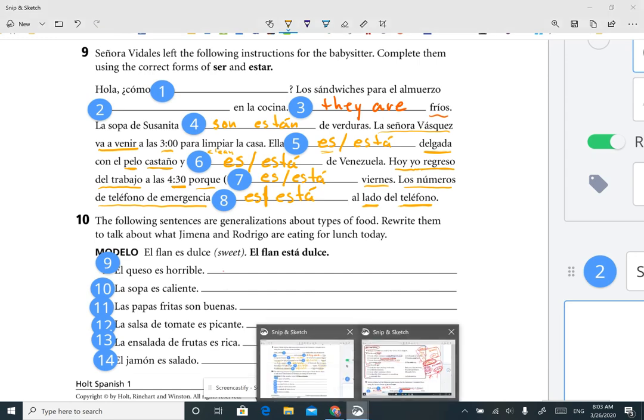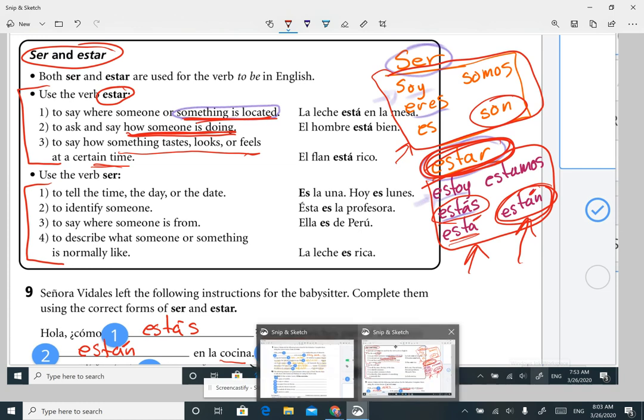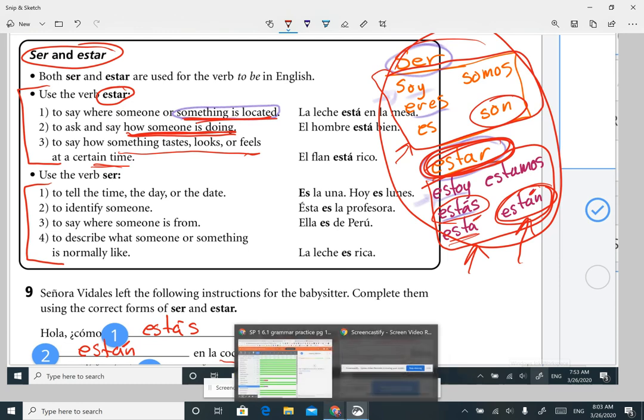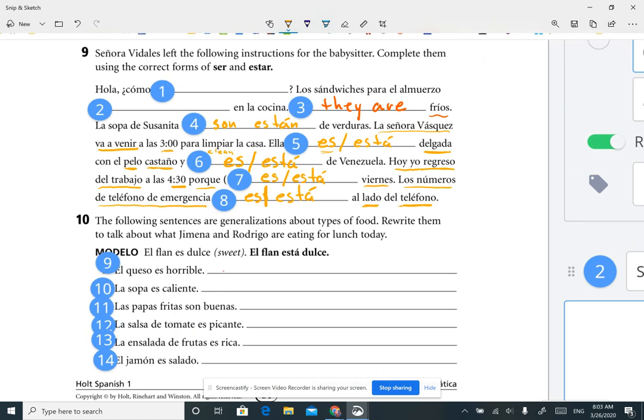Looking back at our chart, we're describing where something is located. That's going to be this one. So estar verbs, it's going to be está right there. So using these two charts and these two descriptions of which situations use each, you should be able to figure those out. Let me do a couple down here.